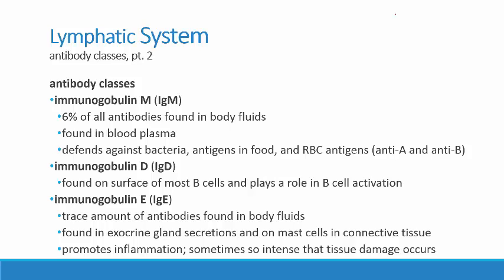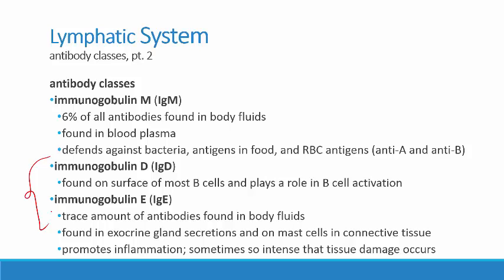So between IgG, IgA, and IgM, we have a total of, can you do the math? About 99% of all antibodies covered. The rest of them are either IgD or IgE. IgD are found on the surface of most B cells, and they play a role in the activation of a B cell.